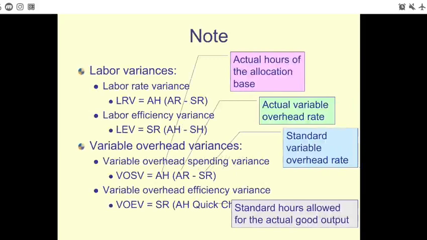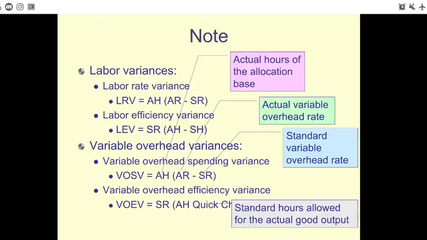So when you see the overhead cost, always remember, when you calculate the overhead cost for a product in management accounting, you have to use the predetermined overhead rate. And most of the time, when you calculate the predetermined overhead rate, you use the labor hour as the allocation base.